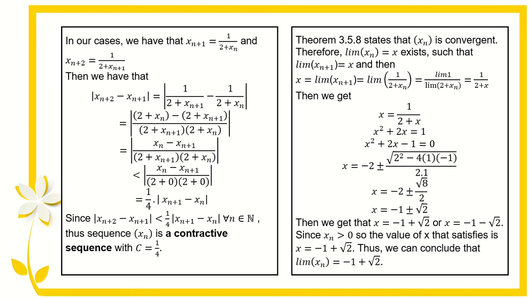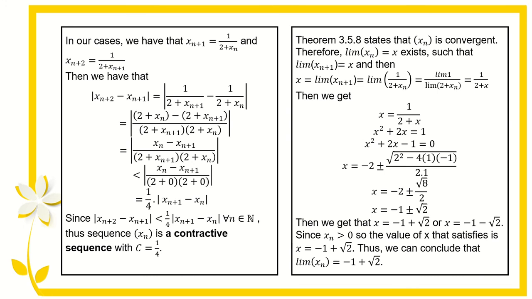This is less than or equal to xn minus xn plus 1 over 2 plus 0 times 2 plus 0, the same as 1 over 4 times the absolute value of xn plus 1 minus xn.